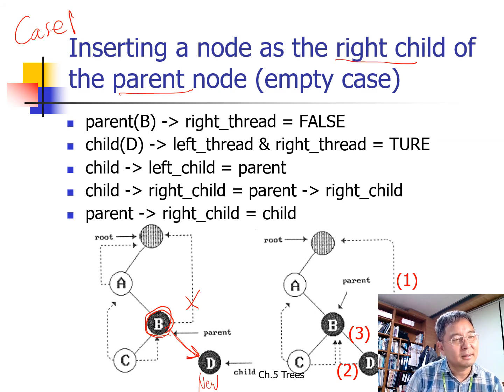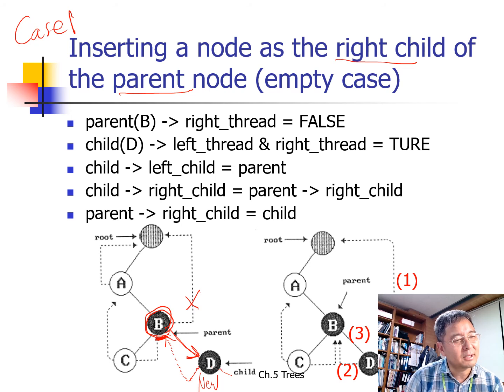But this node, D, has two null links because it becomes a leaf node now. So the left child must point to what is before D. It is the parent B that is before D if we apply the in-order traversal method.